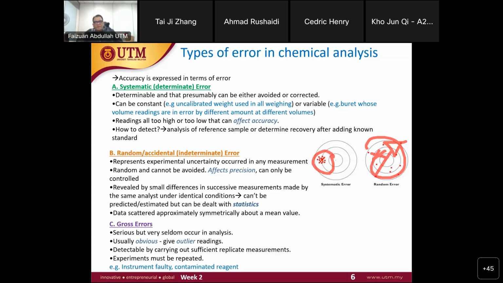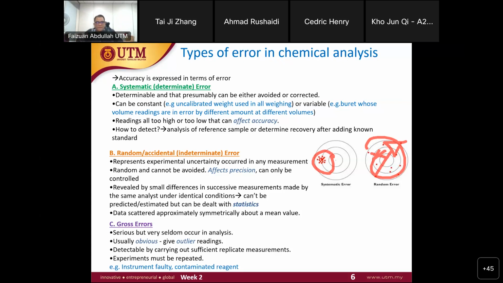Okay, remember my class, I've told you all instruments are, guys, not clever. So we need to teach the instrument. How to teach the instrument is through the calibration plot.